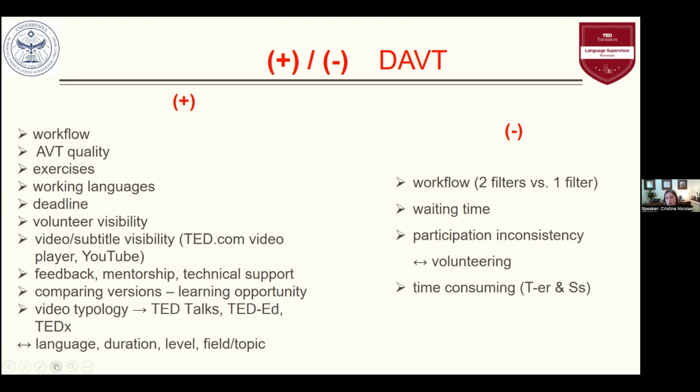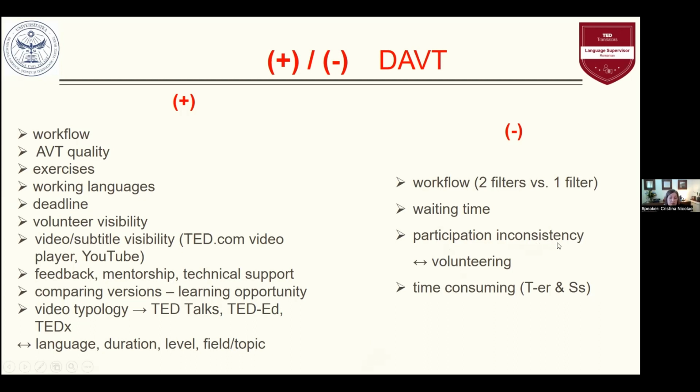Now with Caption Hub, we have translator and reviewer, and the video goes online. The waiting time in volunteering, since this is a volunteering task, you cannot ask anyone to quickly pick your talk, pick your video and correct it or look at it. So the waiting time might be frustrating sometimes.